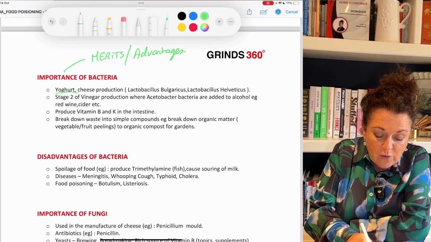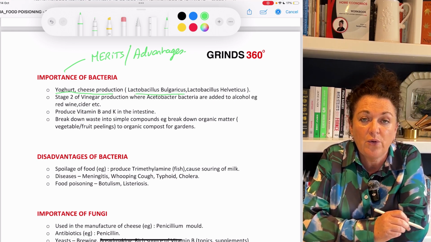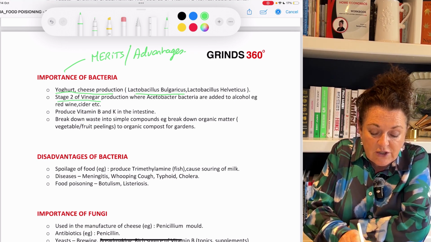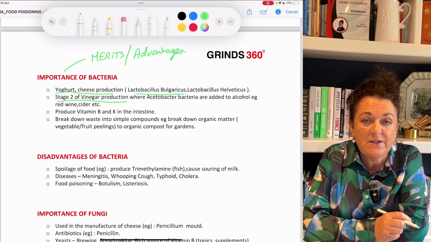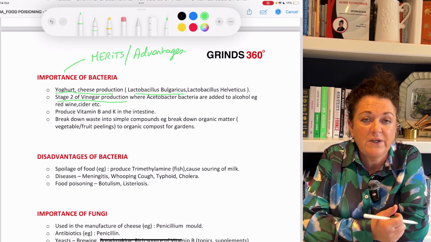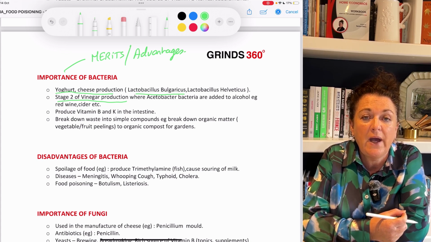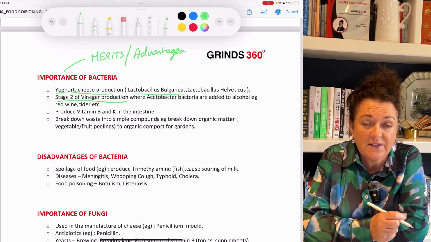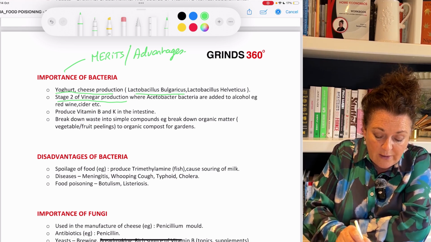So the production of yogurt, cheese, with our Lactobacillus bulgaricus in yogurt, Lactobacillus helveticus in cheese. We've already looked at stage 2 of vinegar production, where the alcohol is made by the yeast in the first stage. And then you might have the alcohol cider, red wine, white wine, add acetobacter bacteria to the alcohol to result in what used to be called acetic acid, now known as ethanoic acid, or vinegar to you and I.